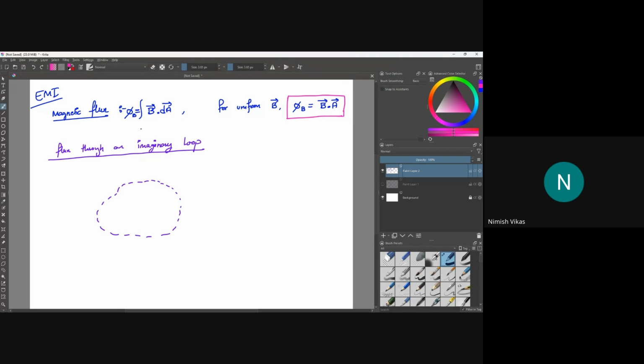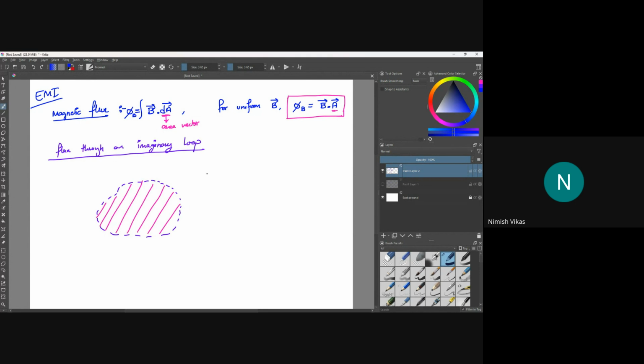In the formula for magnetic flux, you have B dot A, and that dA or A over here is the area vector. The area enclosed by the loop can be assigned two different directions: inwards or outwards.